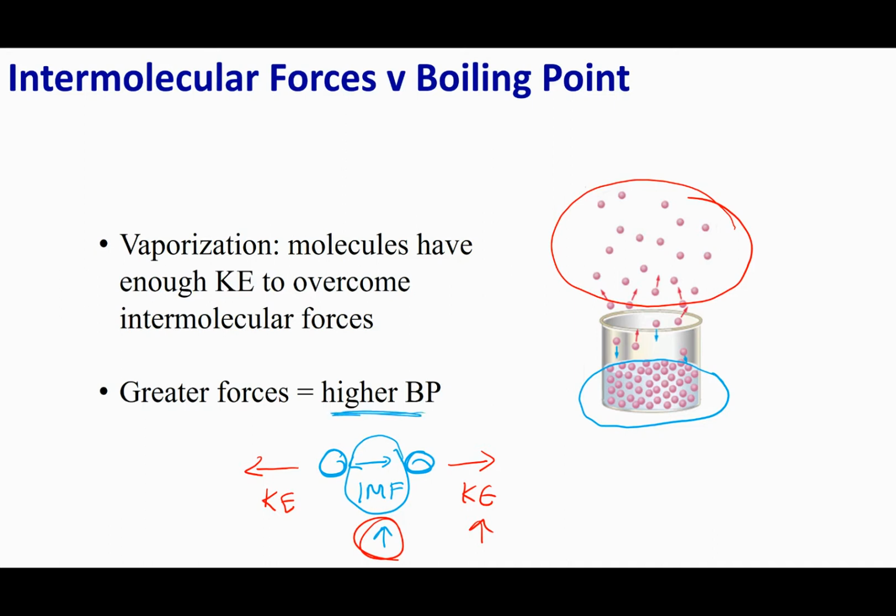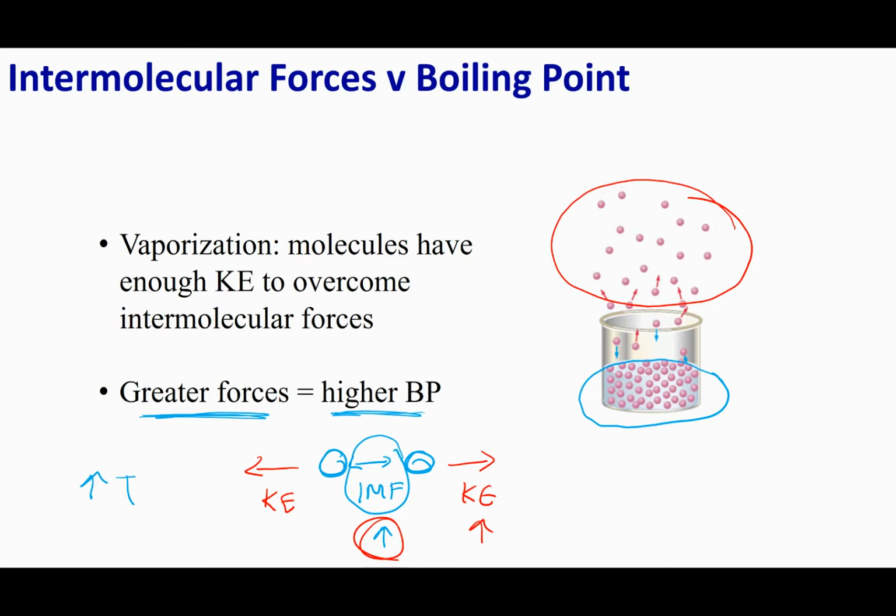This is the point where the molecules behave like a gas, or they will act like the condensed states, like liquids and solids. Now, if I have greater intermolecular forces, that means the molecules are going to be super sticky. To overcome this stickiness, I'm going to have to give it more kinetic energy, meaning I have to raise the temperature.